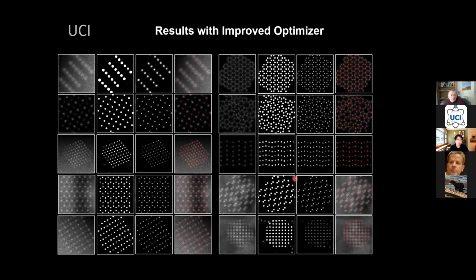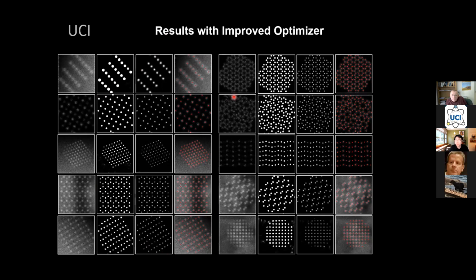Right. So if you do everything correctly, here are the results with the improved optimizers. On the left, these are the images, and we have the segmentation of atoms. We have the super resolution processing and also localization. They work really well on those images that have so-called borderline good signal-to-noise ratio, which is typically 20 dB.